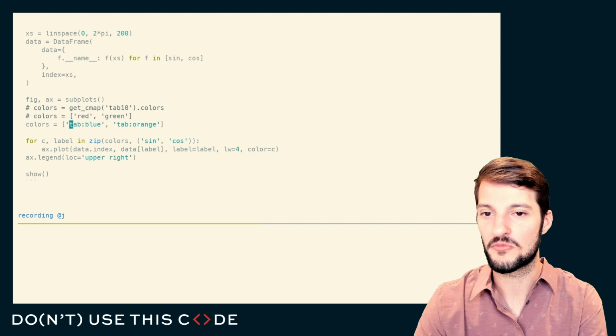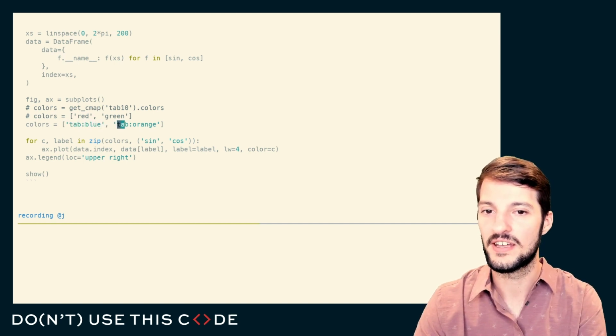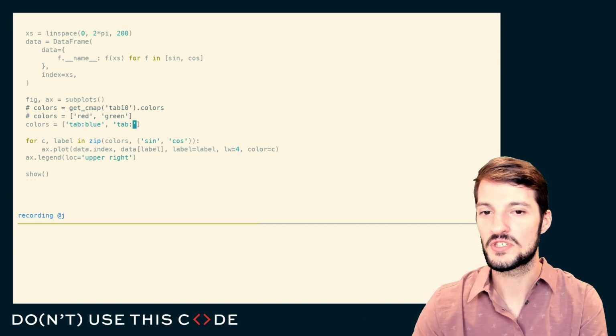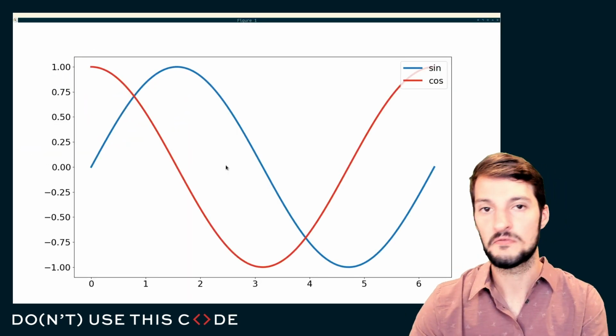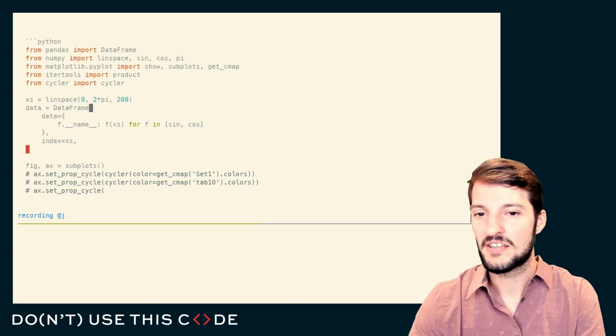So in this case, I'm reaching into that tab10 color map, and I'm getting the blue color out. And then I'm reaching into tab10 to get the orange. And just to make this a little more interesting, I'll make this red because we've seen the orange before. And so when I do this, we see that I get red and blue lines instead of red and orange.